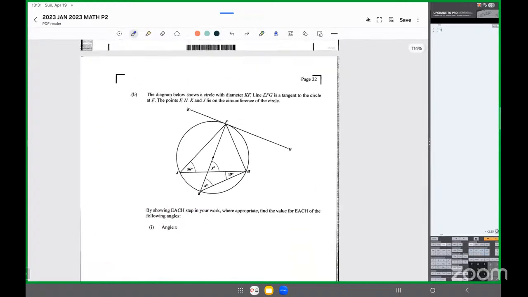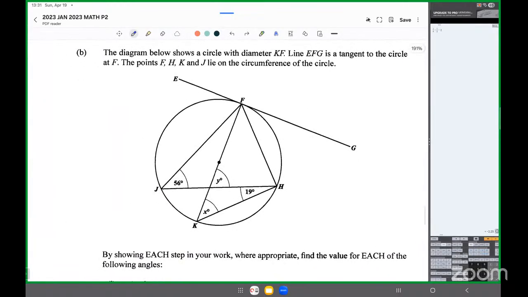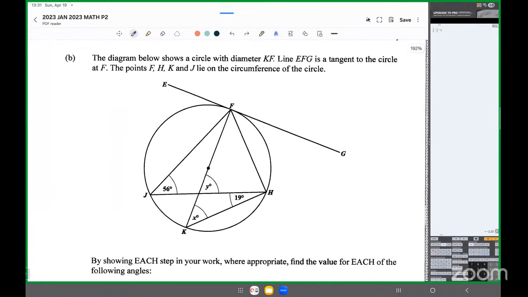All right, down here, some circle theory. The question says the diagram below shows a circle, the diameter, that's a diameter, and a diameter subtends 90 degrees, a right angle, before you start. It says the line EFG is a tangent.